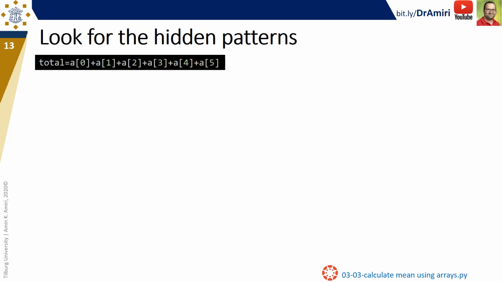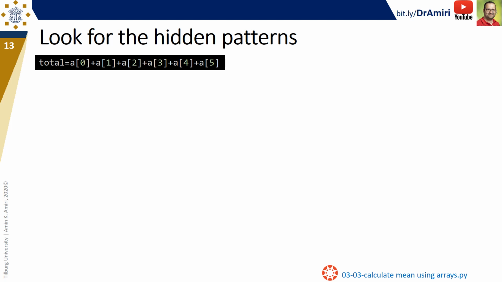That pattern is the total part. Total is equal to A0 plus A1 plus A2 plus A3 all the way to A5. This is also a pattern, but the pattern is in one line.